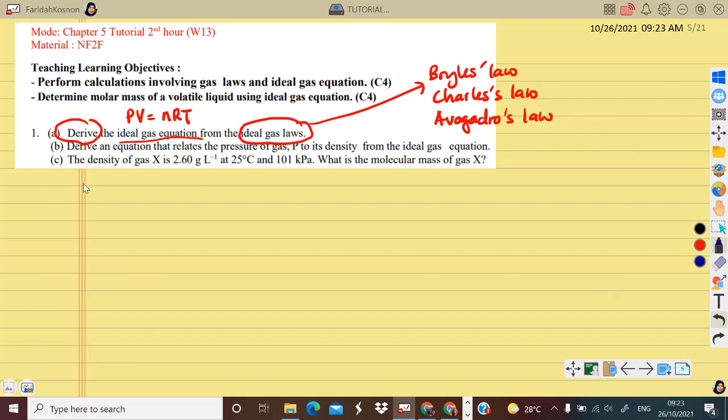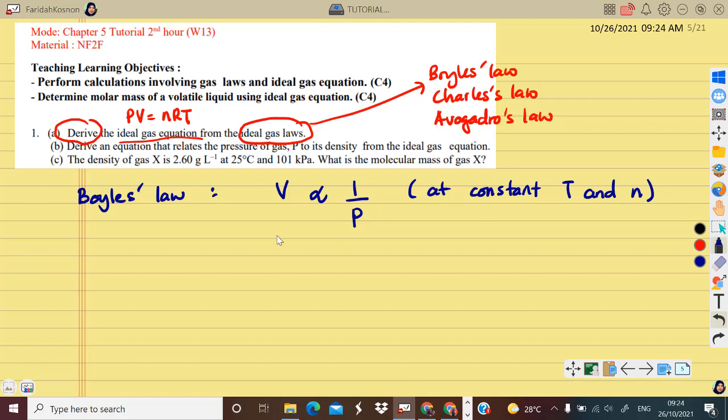So first of all, I suggest to you write down each gas laws. Kita nyatakan dulu setiap gas law tu, iaitu first we start with Boyle's law. From the Boyle's law, we know that volume occupied by the fixed amount of gas is inversely proportional to its pressure. So this occur at constant temperature and mole of gas ataupun amount of gas.